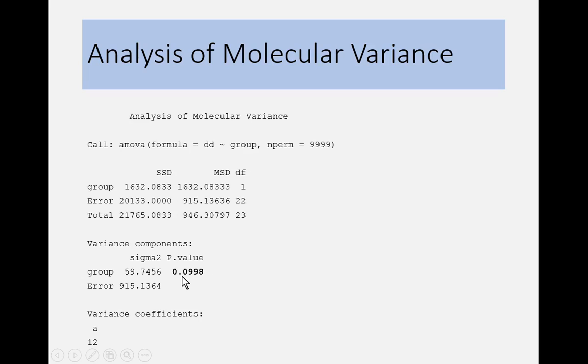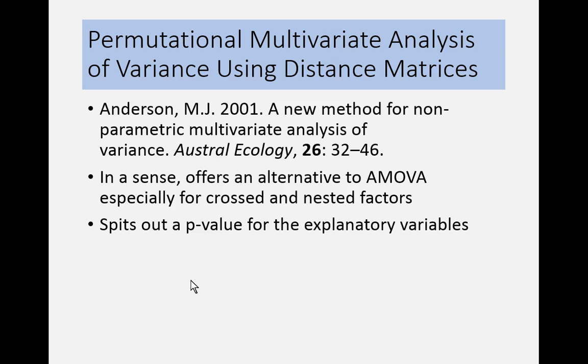So this test gives now a result that the grouping explains part of the differences between the samples, but the p-value is not statistically significant, because it's larger than 0.05. We can use a different type of analysis to do exactly the same thing.